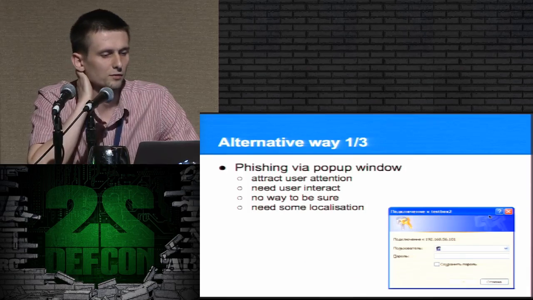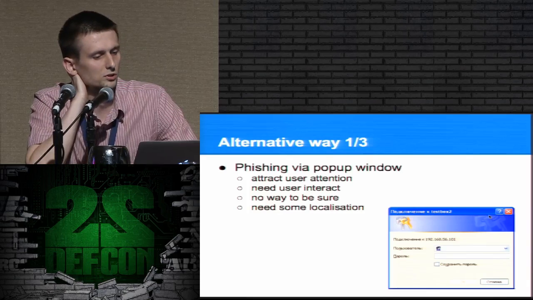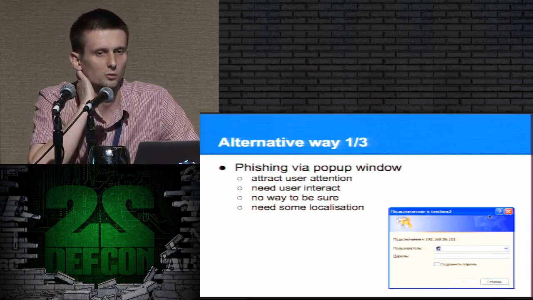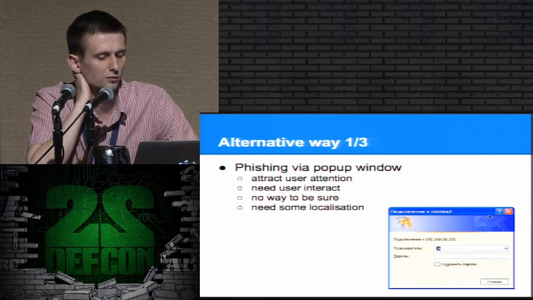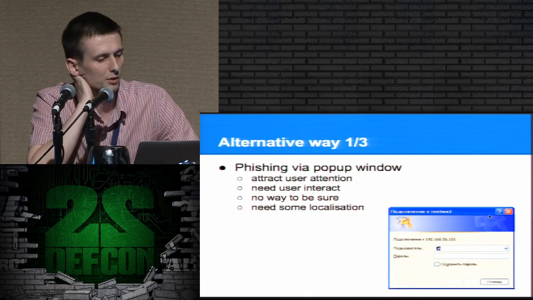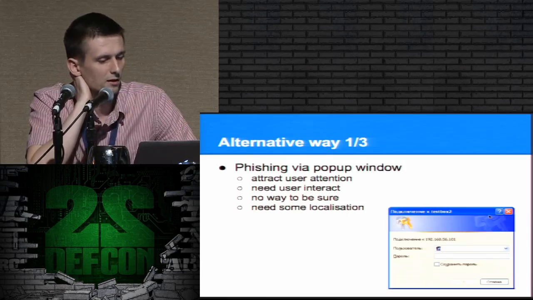There are some kinds of alternative ways. For example, we could try to pop up a window that could look like that. It's a standard window from Windows XP, but as you may notice, there are some letters in Russian.